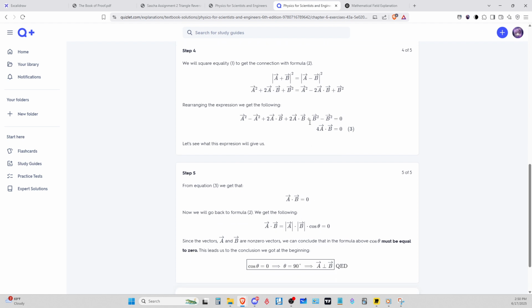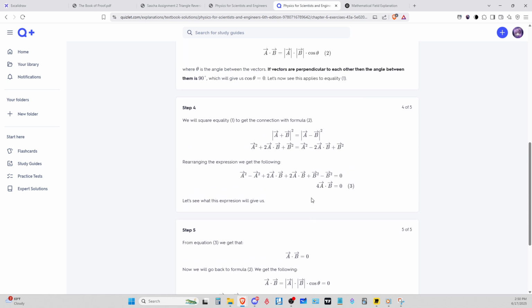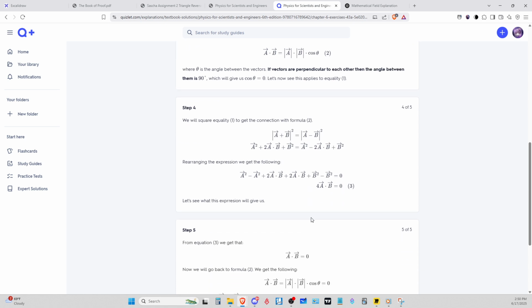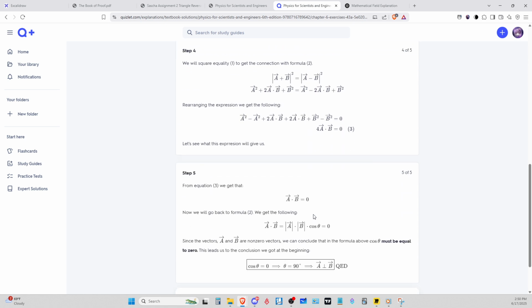What is the unifying factor between these two? That's the one thing I'm trying to figure out. They jump from dot product to this and then dot product again. What is the thing that connects the two?